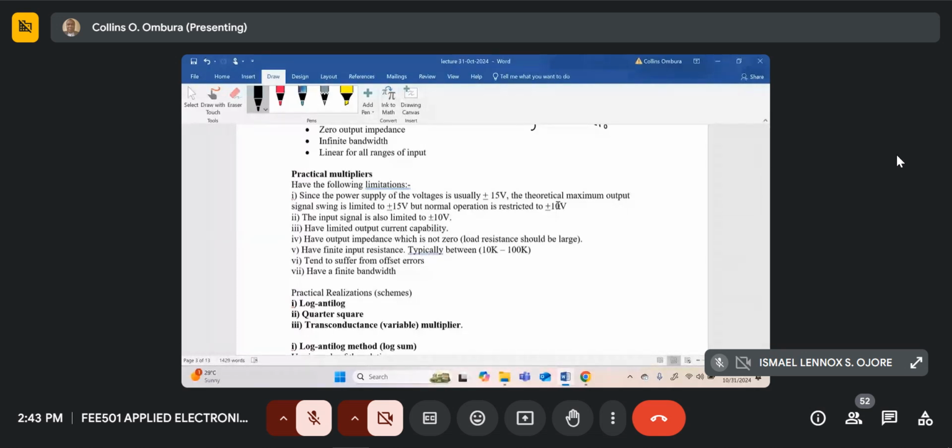Of course, since you have transistors at the output, when the transistors saturate there'll be a loss of about 0.2 volts for silicon. So even if the supply voltage is 15, the maximum voltage will be maybe 15 minus 0.2 volts. But the manufacturer will normally tell you, don't use that, use maybe 10 volts as the maximum output on the positive side, and minus 10 volts on the bottom side, because the supply itself is 15 volts.